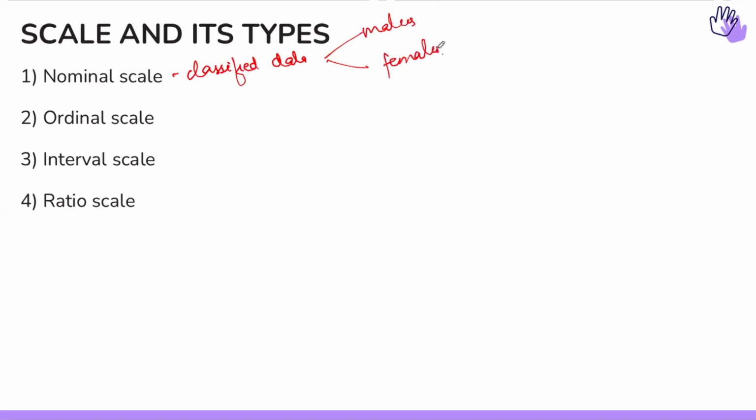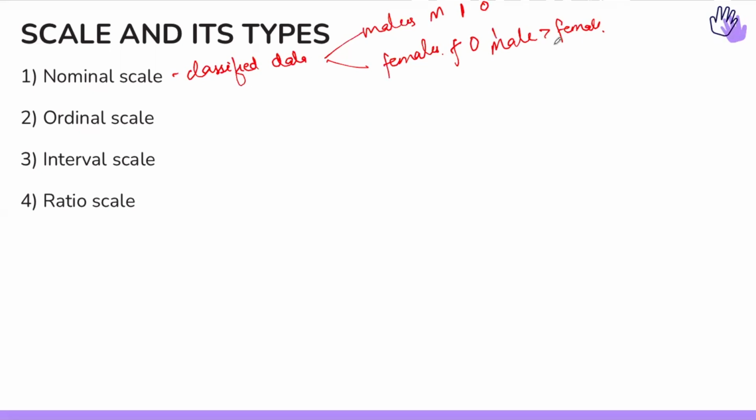females. So there is no ordering of the data in that, and it has no meaning when we say that male is greater than female. This statement has no meaning. These data are also given arbitrary labels. So for male you can give M and for female you can give F, or you can represent M by 1 and F by 0, or M by 0 and F by 1, whatever you wish.